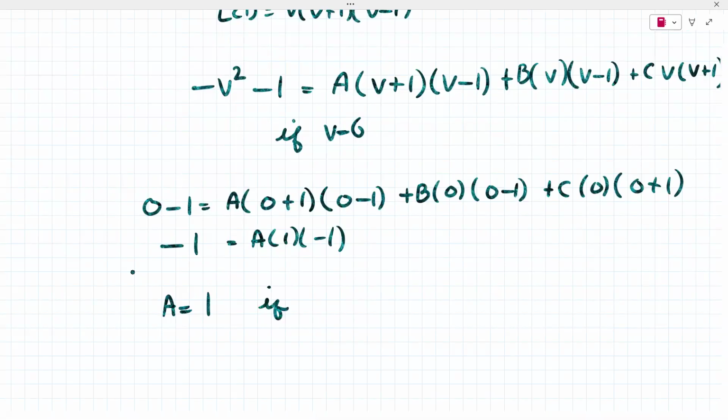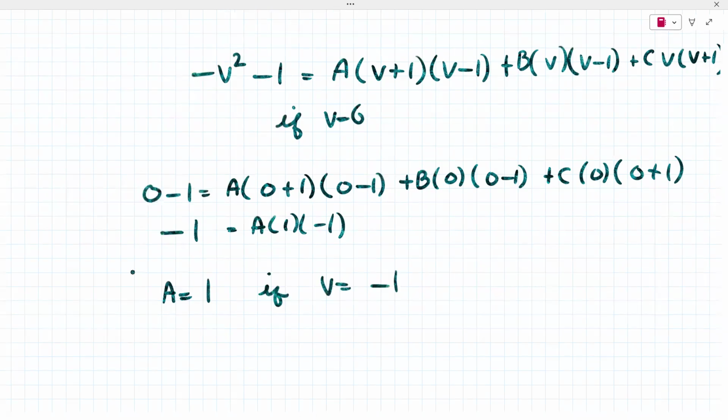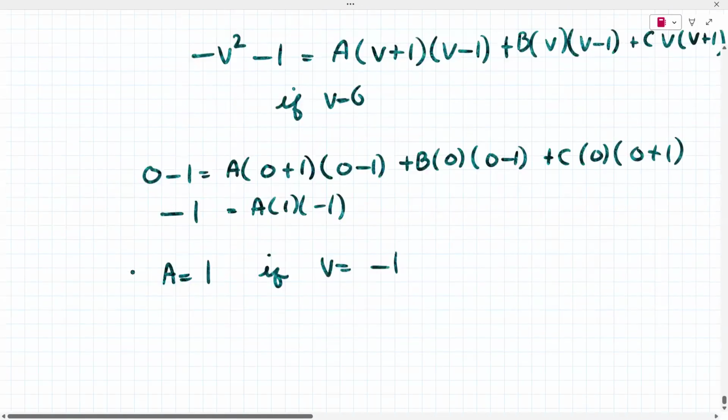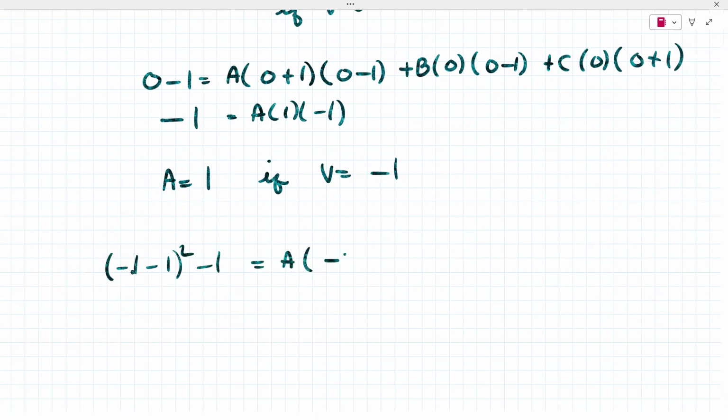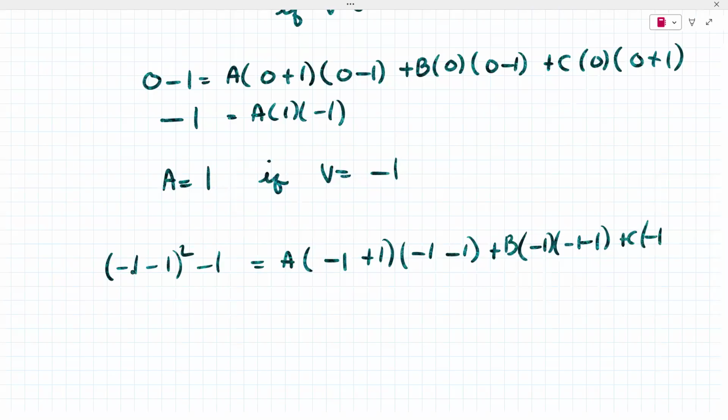And then if you set v as another value, let's say negative 1, it would be (negative 1 squared minus 1) equals a times 0 plus b times (negative 1)(negative 1 minus 1) plus c times 0, and then replace a with 1.